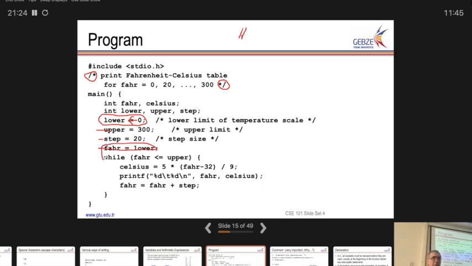Make a starting point and make a loop. While Fahrenheit is less than upper, Celsius is 5 over 9 times Fahrenheit minus 32, and print, and increment. Here we have a curly brace and we have a curly brace.